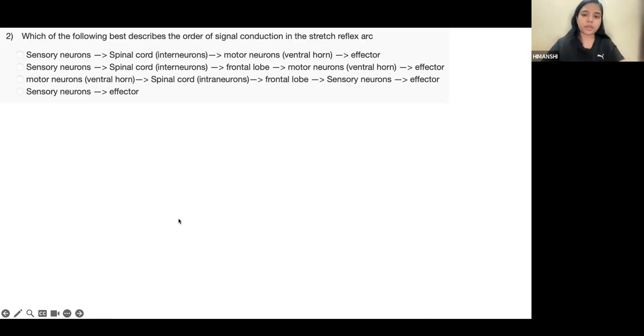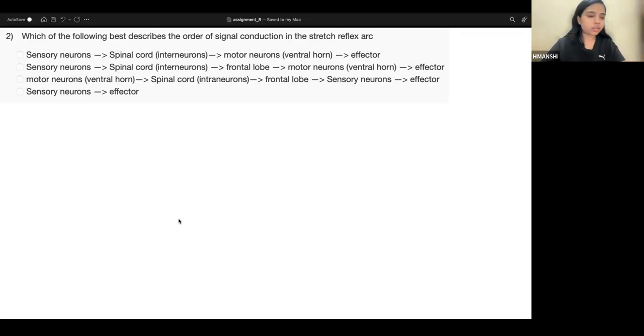To solve such types of questions, I will recommend you guys to have again the same mind map which I was talking about. And also you can put yourself in the situation if you have a little bit of information about the stretch reflex, right? So you know the stimulus will come, then something will happen, then something will happen, right?